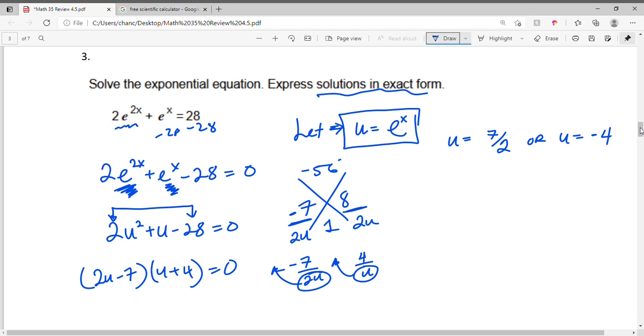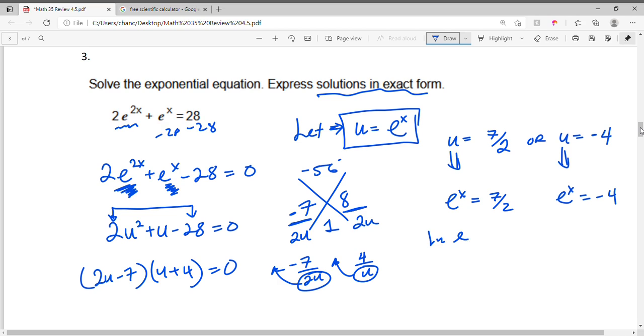So let's do substitution back. This gives me e to the x equals 7 over 2, or e to the x equals negative 4. Now in order to solve this for x, we'll take the natural log of both sides.